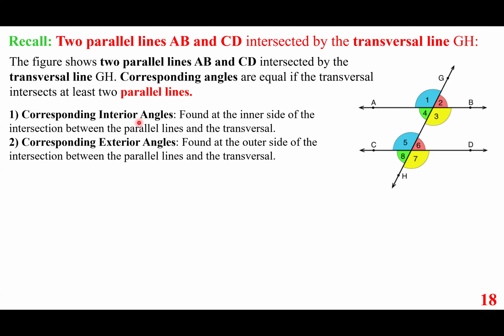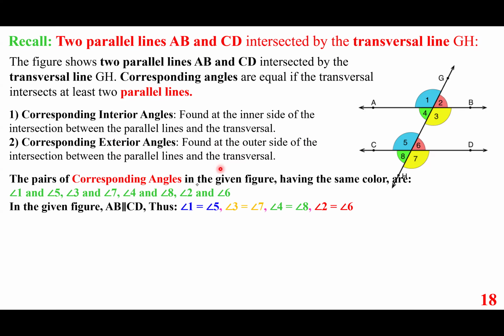Corresponding interior angles are found at the inner side of the intersection between parallel lines and the transversal. Corresponding exterior angles are found at the outer side. So the pairs of corresponding angles in the given figure having the same color are 1 and 5, 3 and 7, 4 and 8, 2 and 6.